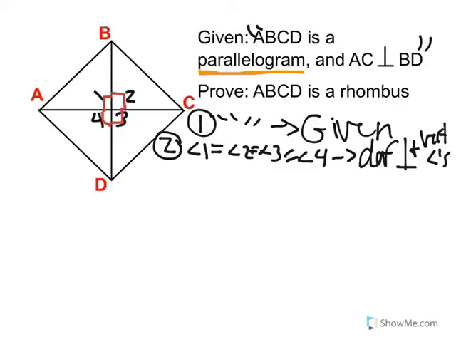Now, since we know that the shape is a parallelogram, what we said before, then one of the properties of a parallelogram is that the diagonals bisect each other. So that means that from here to here would be congruent, and here to here is congruent. So we can write that. Let's put a letter in the middle where that point is so that we know what to call it.